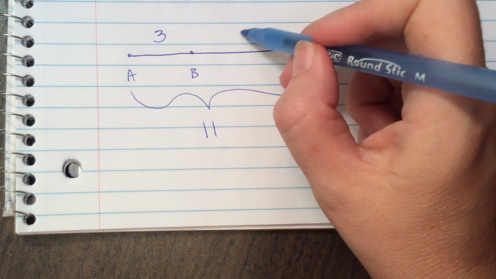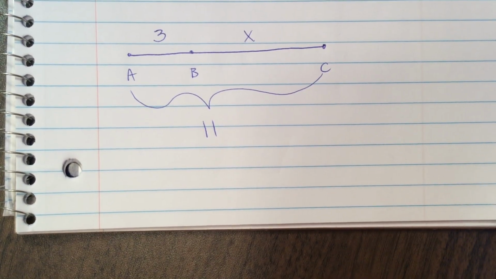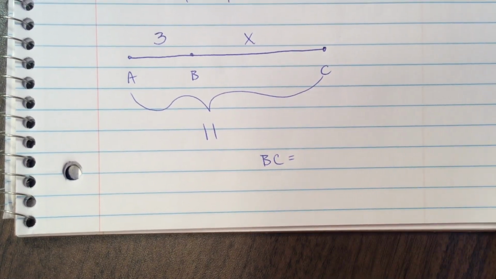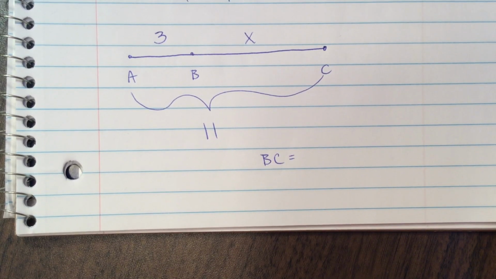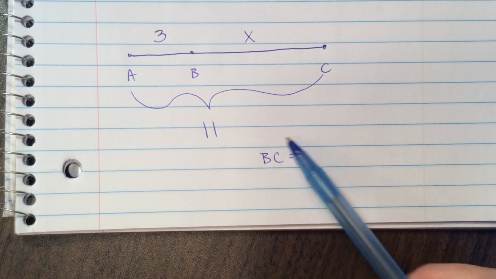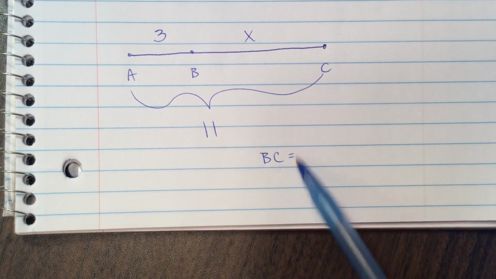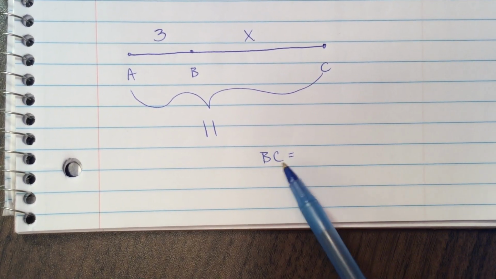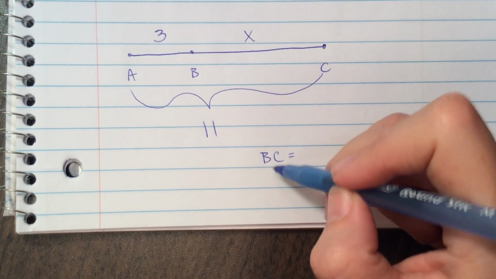And they want to know what BC is. Now notice I didn't write the line over. That's because when I don't write the line over it, it says something different.